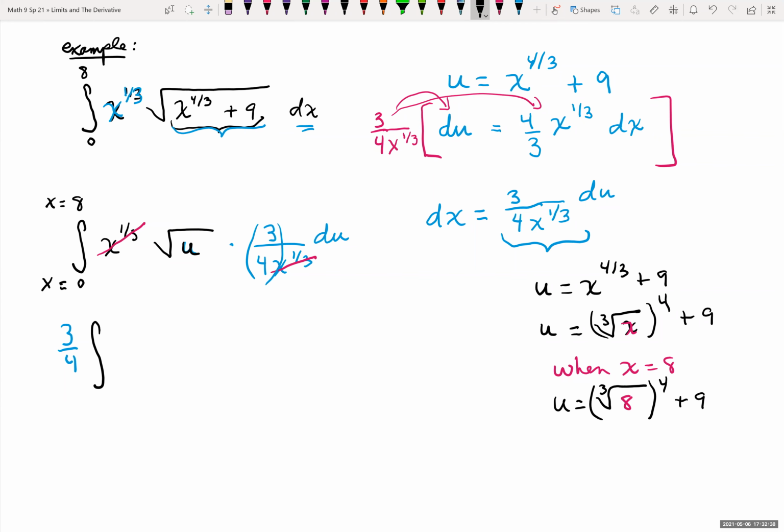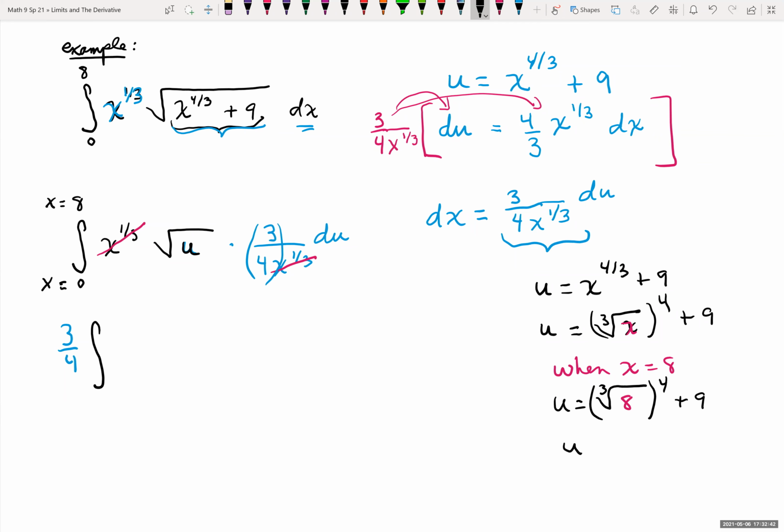So the cubed root of 8 is 2. If I take 2 raised to the 4th power, I have 2, 4, 8, 16. So I'm left with 16 plus 9 here. So u is 25. So for this value, x equals 8, u is equal to 25.